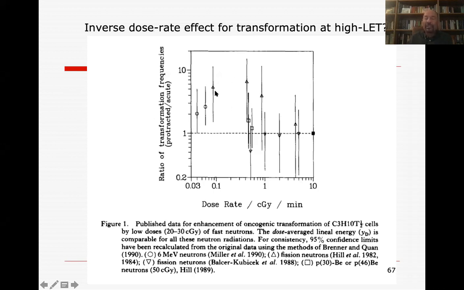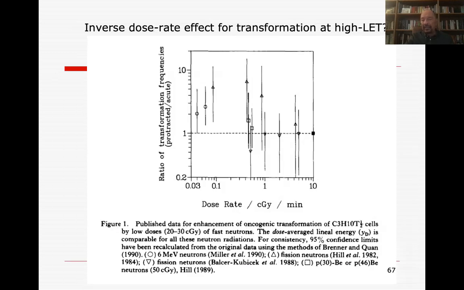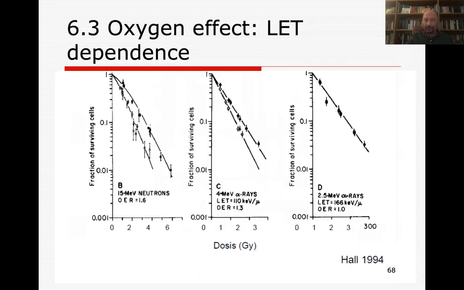This is, of course, a big issue for radiation protection, because you assume that low dose rate is reducing the effect, not increasing the effect. So these results with neutrons, which are old data, were quite scary, and this has never been really confirmed. This was a big story a few years ago, but then it's been kind of forgotten now.